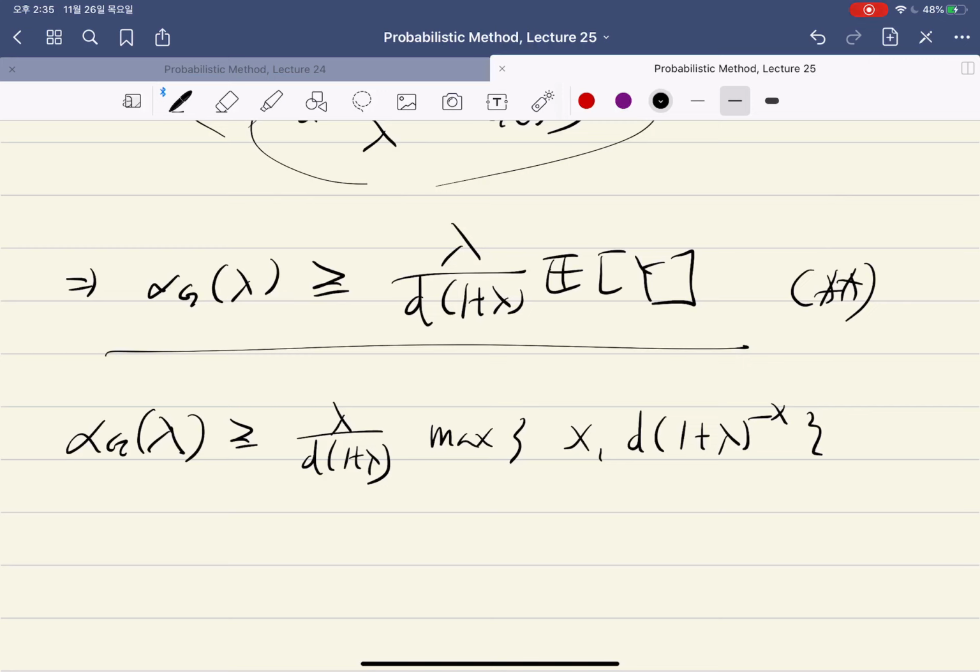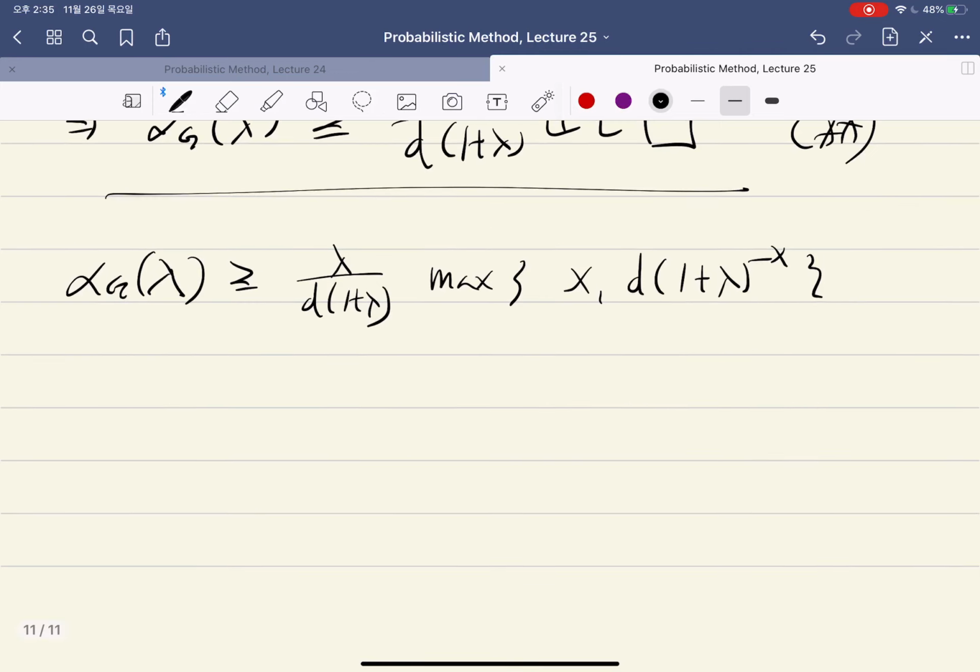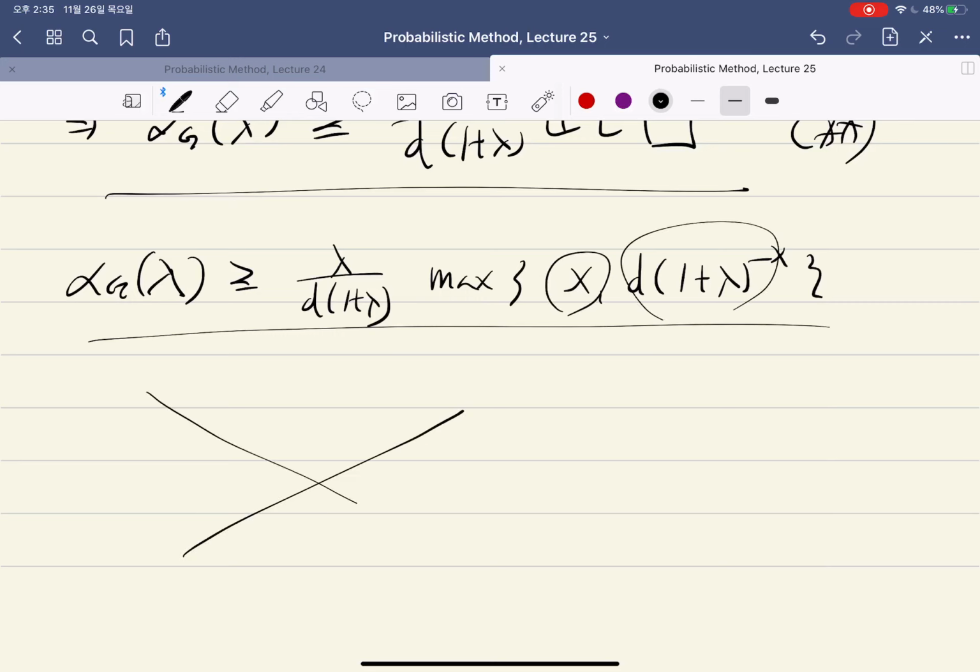And as x increases, this increases and this decreases. So we want to find the, give me a moment. So you have these two.